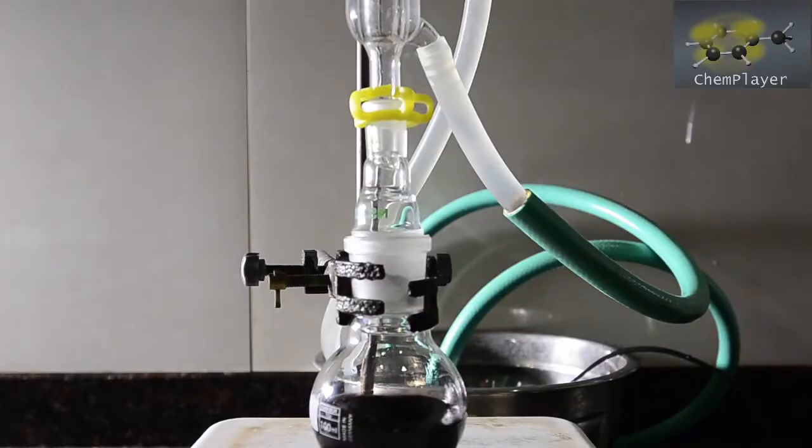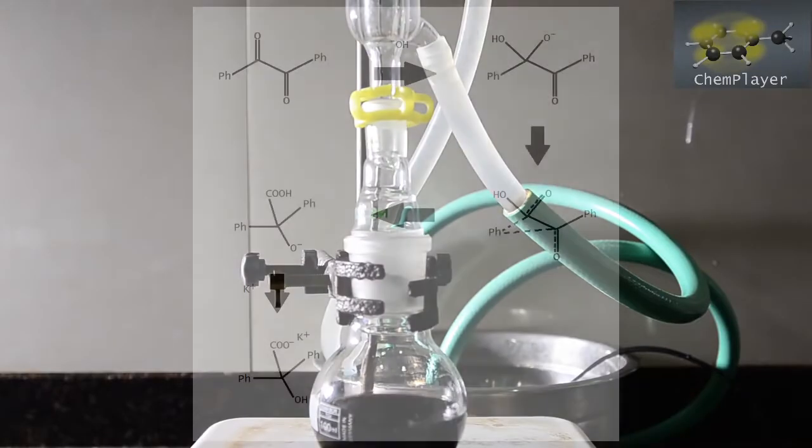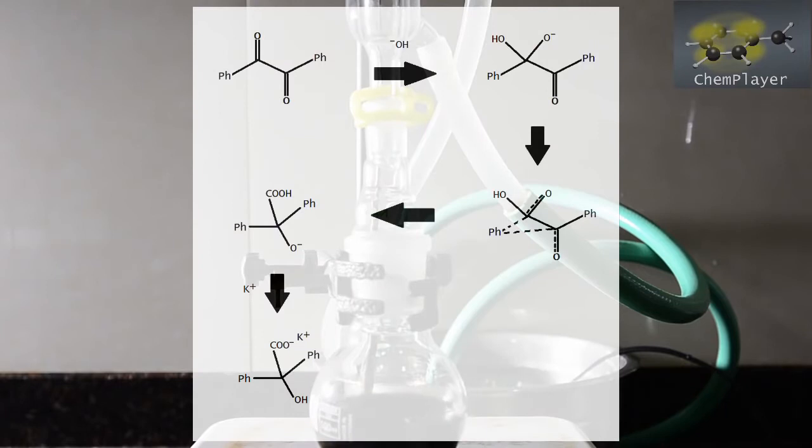Okay, let's take a look at the reaction. The hydroxide acts as a nucleophile, and attacks one of the carbonyl groups in our starting benzil. But what then happens is a rearrangement. The phenyl group attached to that carbon hops over to the adjacent one, creating the carboxylic acid group.